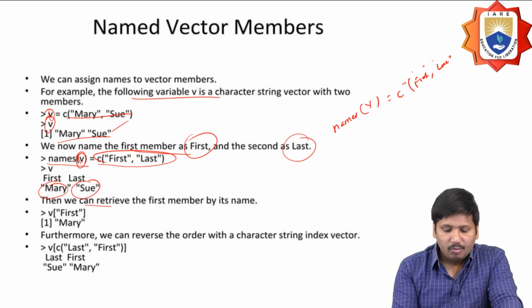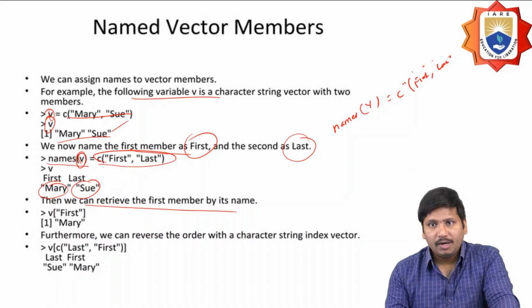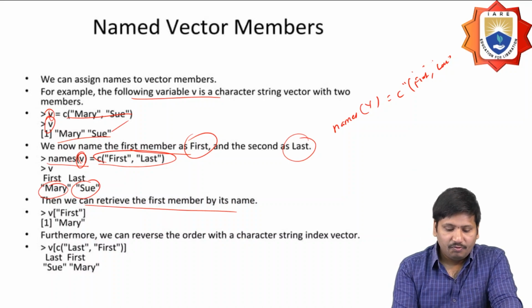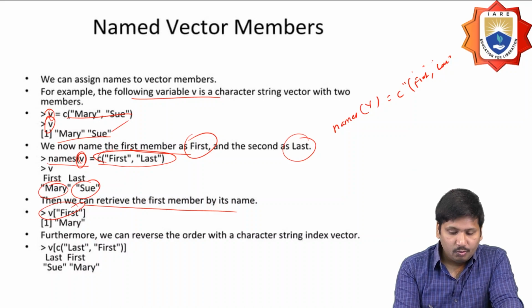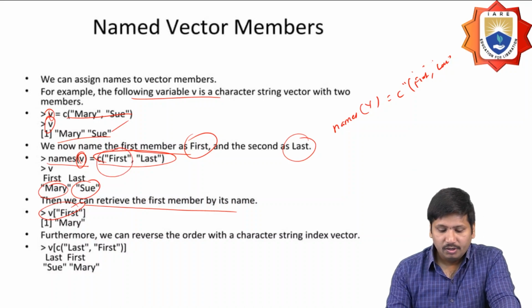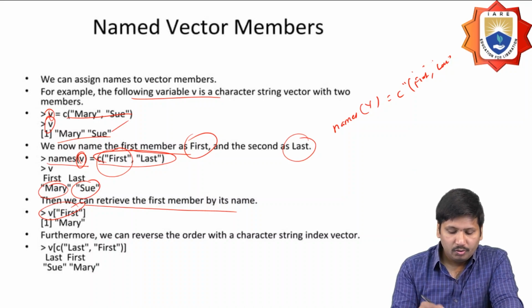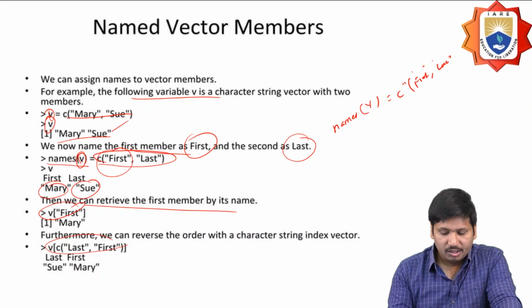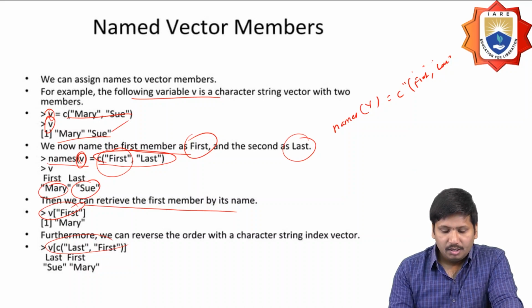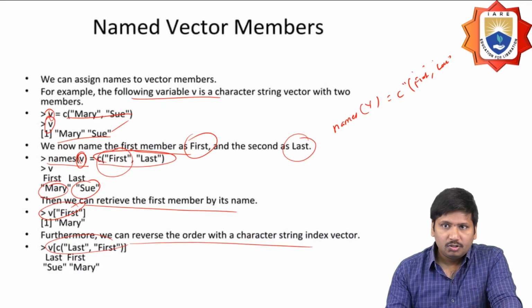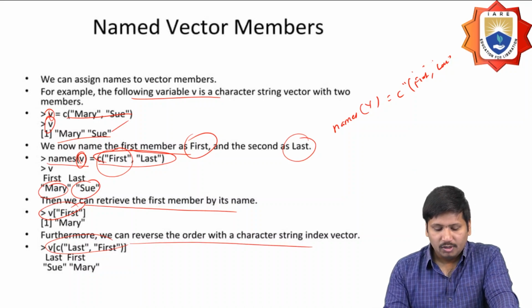Similarly, I can retrieve the first member by its name also, like v of first. If I write v of first, it should be Mary. And similarly, if I include the entire vector in the index, we can reverse the order with the character string index vector.